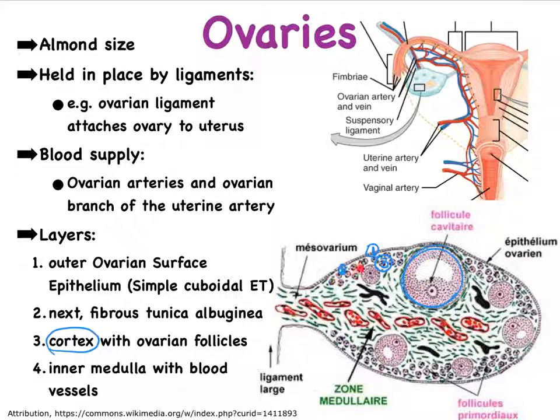Now we're going to learn about all the different phases of these follicles, and the follicles are the ones that hold the eggs, and in the next few videos we're going to see that we can't just call these structures eggs anymore, because they go through different phases of a meiotic division.